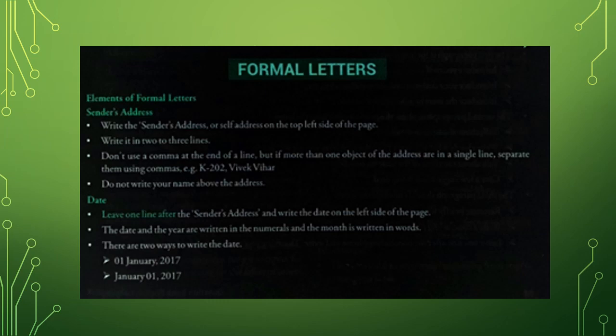It may be written in 2 or 3 lines, and we do not use a comma at the end of a line. But if more than one object of the address is in a single line, you may separate them using commas. For example, K202, comma, Vivek Vihar. If you have to write both objects in one line, you can divide them with a comma.